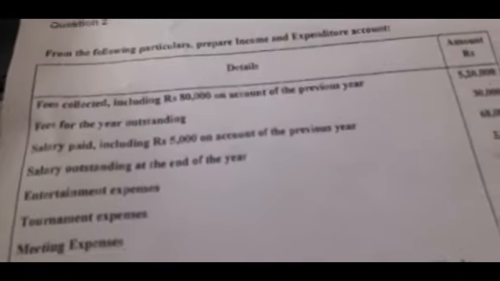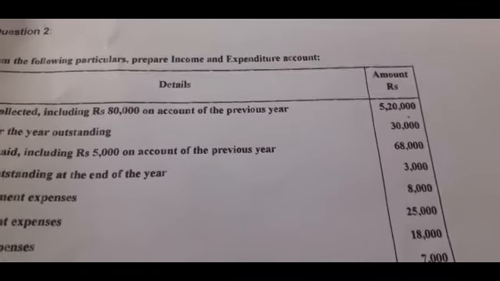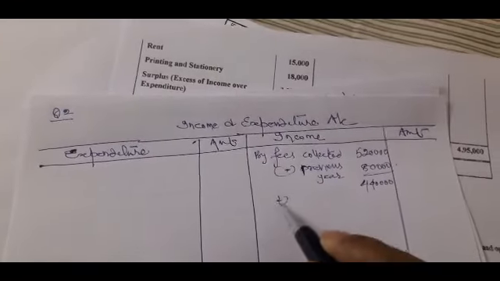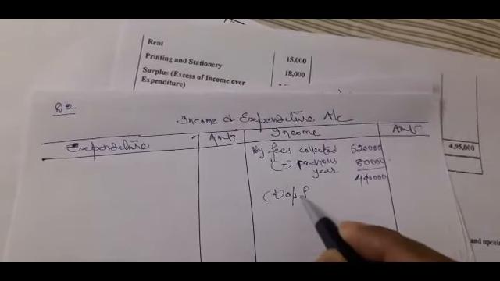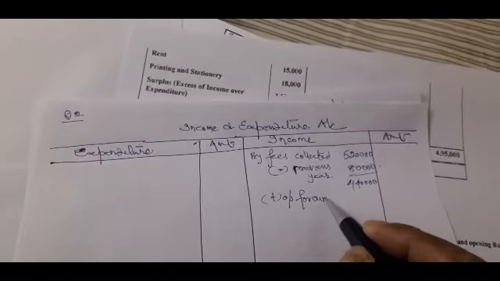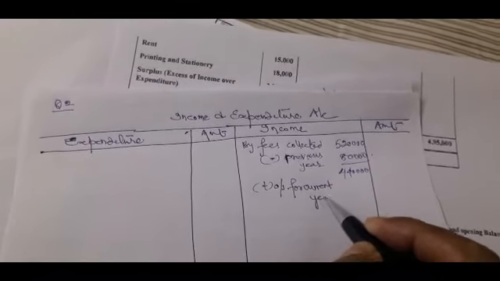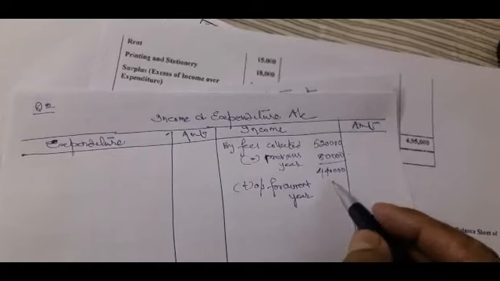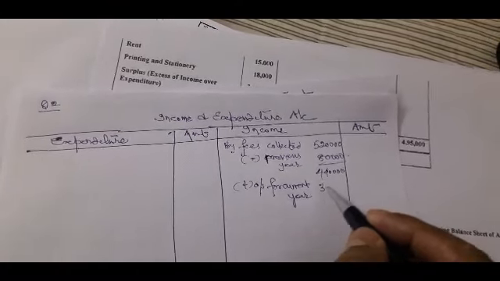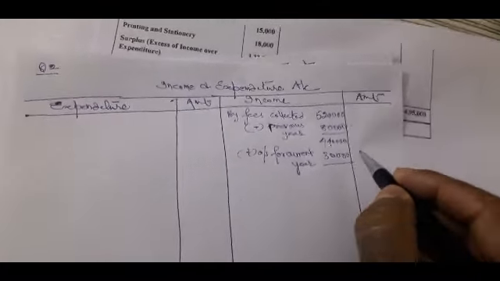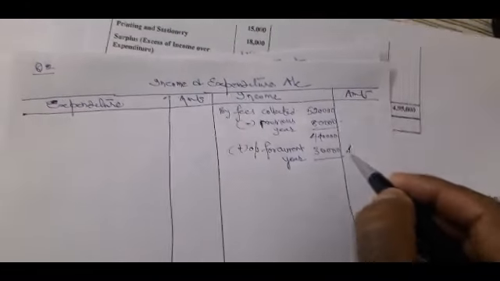Next item is fees for the year outstanding is 30,000. For the current year, the outstanding amount of fee is 30,000. Because it is concerned with the current year, we will include in the income expenditure account. So total amount will be 4,70,000.